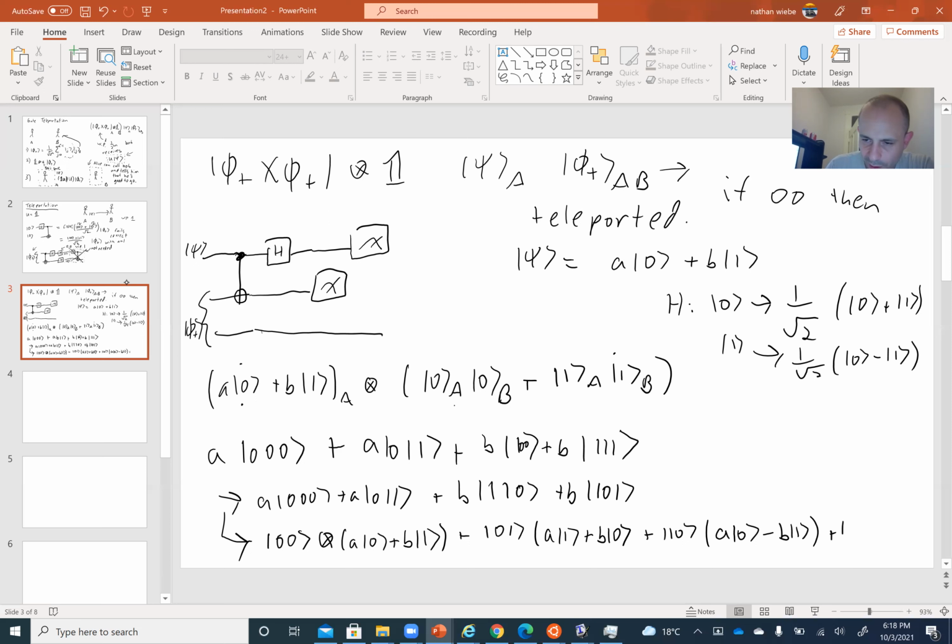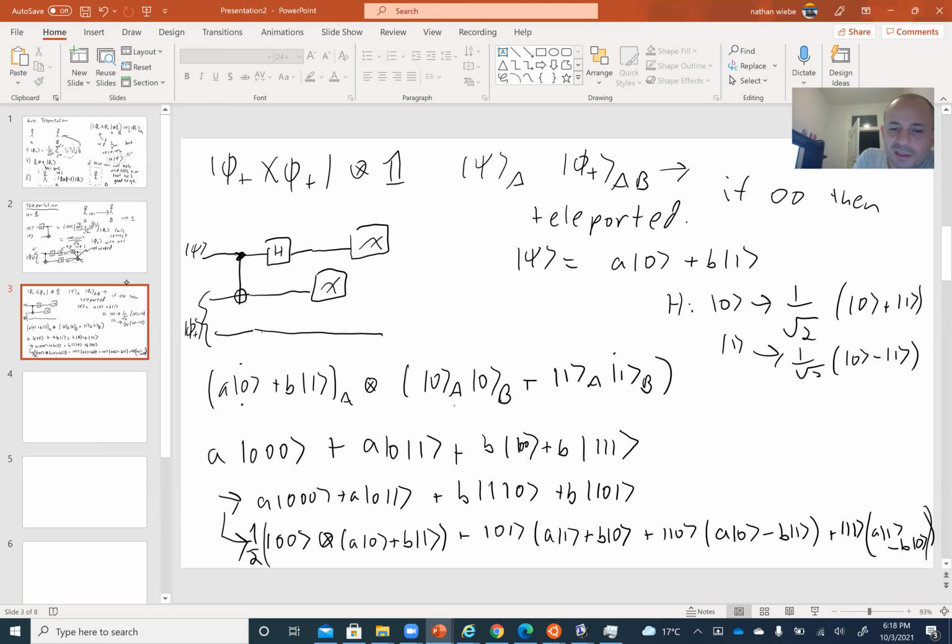And finally, we get the most screwed up of all possible states here, A1 minus B0. Oh, and this is all divided by 2. Okay, cool. So this is the resulting state that we end up getting when we teleport.